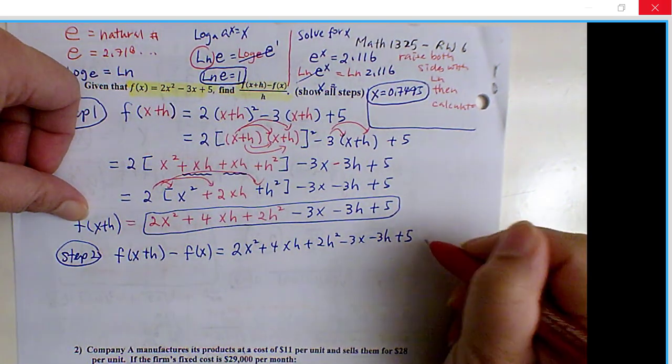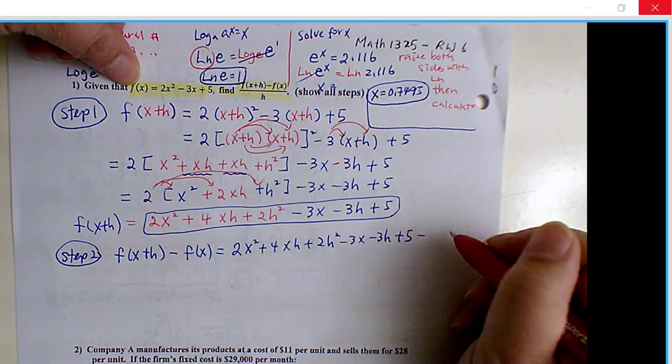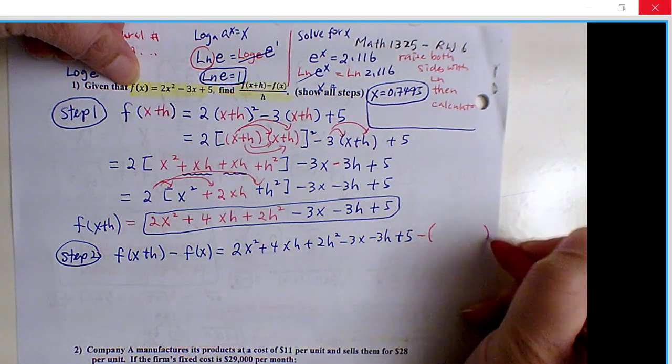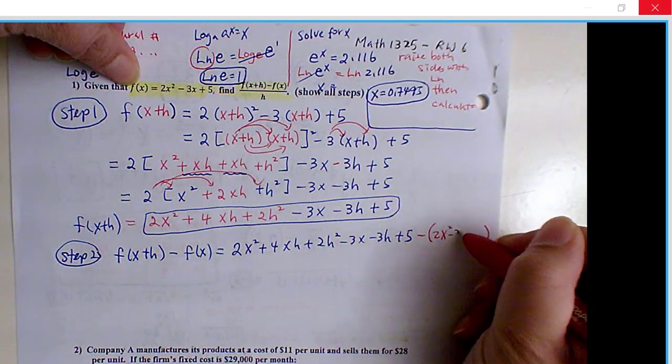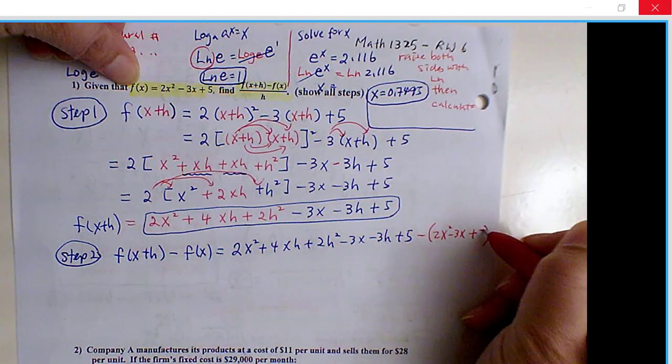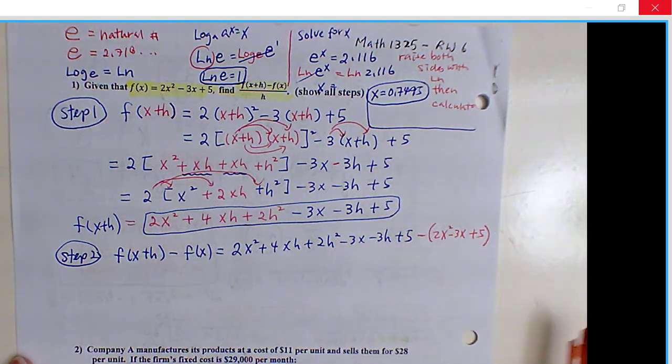And then I need to subtract the whole function, and the function was given to us, right? But don't forget, you're subtracting the whole function, so put this in a parenthesis, because then the subtraction is to distribute to each term. You're subtracting all the terms.